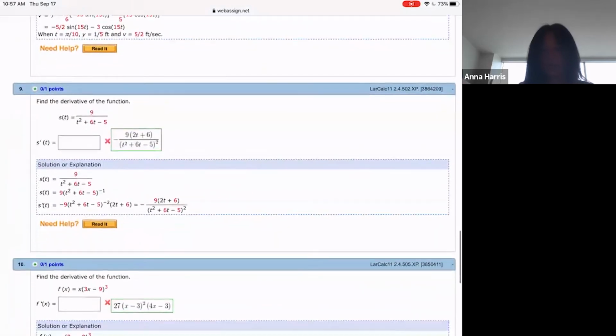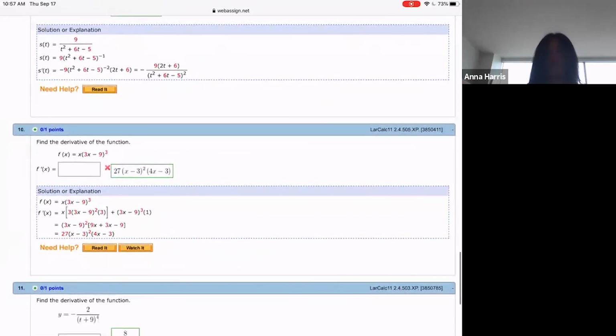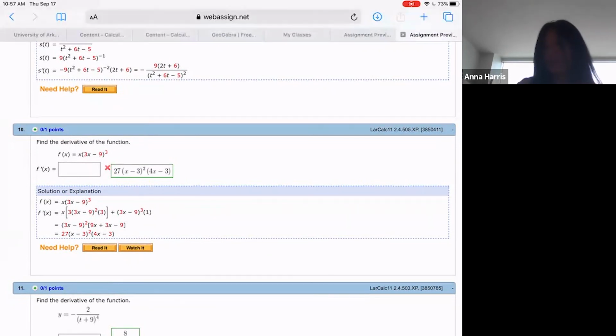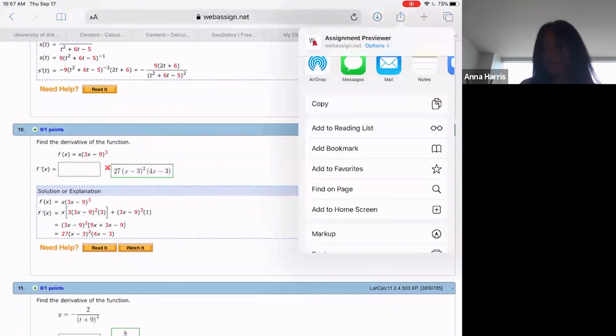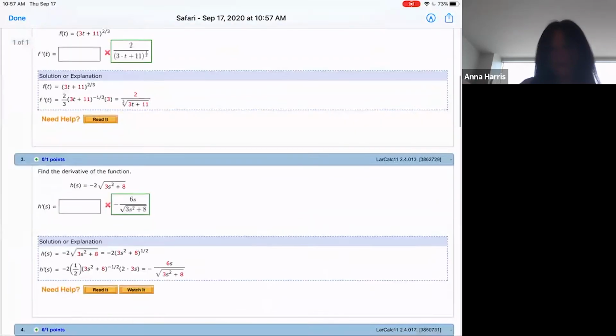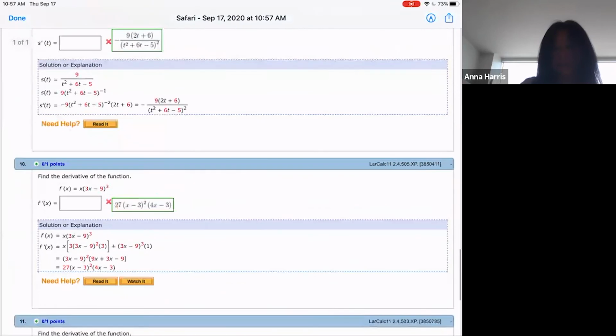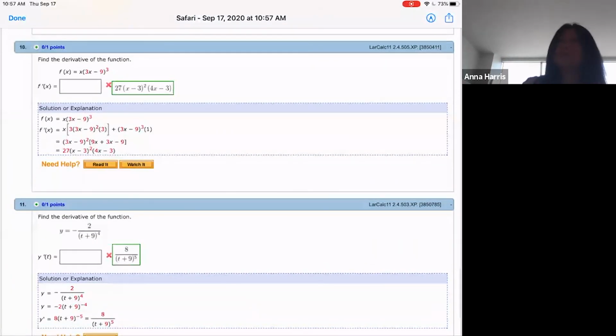I'm trying to see anything that's really hard. But like number 10, I have to use a product rule and a chain rule. So let's look at number 10.